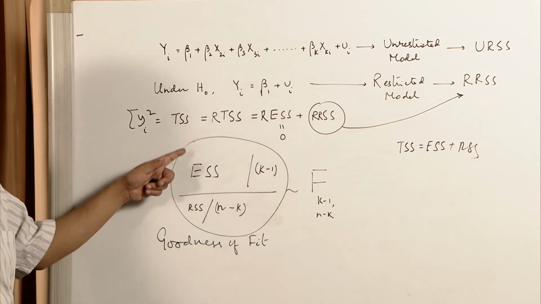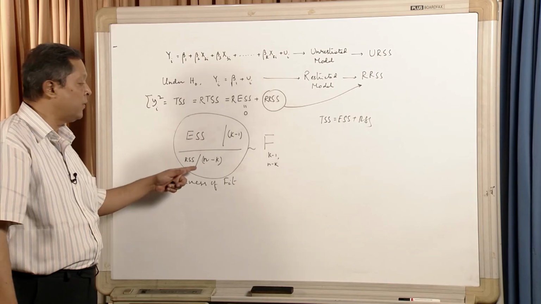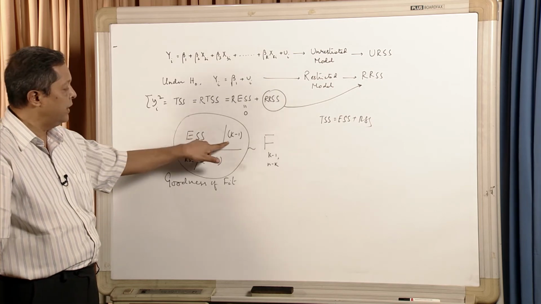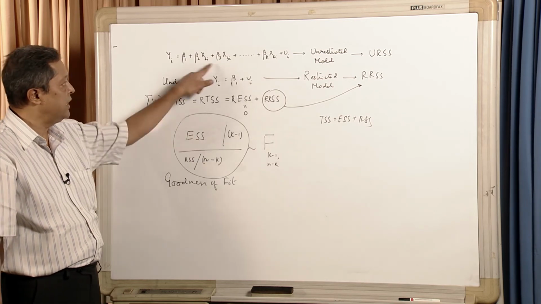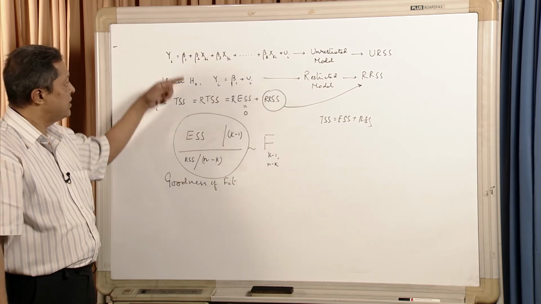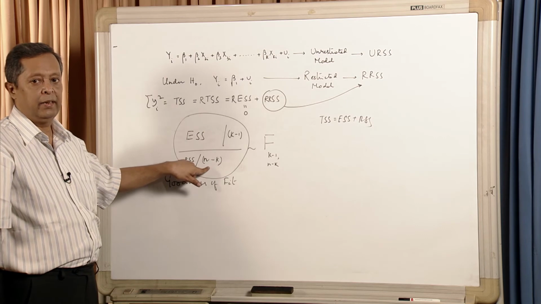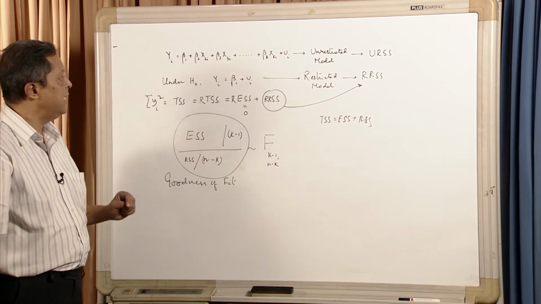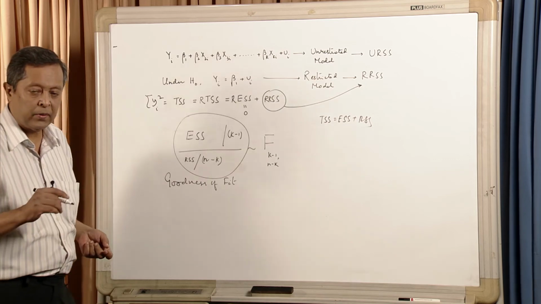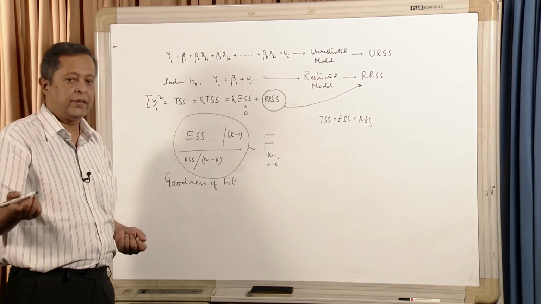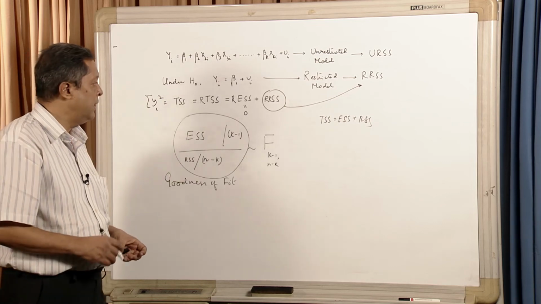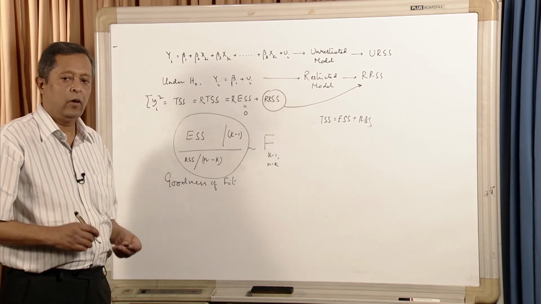This is the test for the overall regression which we had done earlier: explained sum of squares divided by the number of regressors k minus 1, all upon the residual sum of squares from the model divided by n minus k. So, that very clearly explains why we use the formula restricted residual sum of squares minus unrestricted residual sum of squares, and that gives a very nice intuitive explanation for this format.